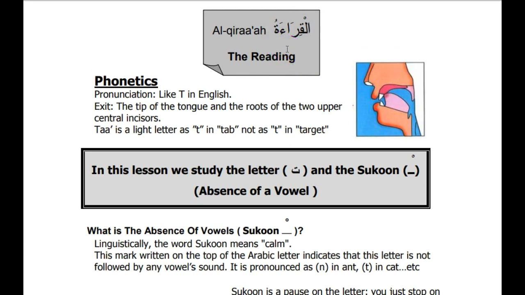If you say al, then you have qi, ra, a, tu. In the last letter, there is a dhamma. But when you read and you pause, you will not read al-qira'atu. You will read al-qira'a.